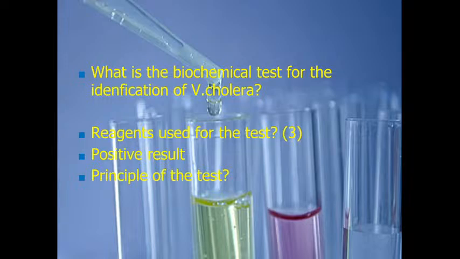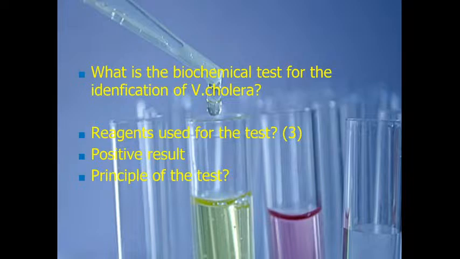Okay, now let's talk about the biochemical tests for Vibrio cholerae. One used for identification is the nitrosoindole test or cholera red test. I think this was popular when there was an outbreak in the Philippines. The reagents that we use are peptone water, of course, which is going to be important, nitrate, and concentrated sulfuric acid.